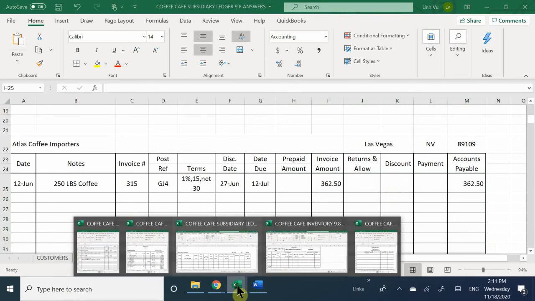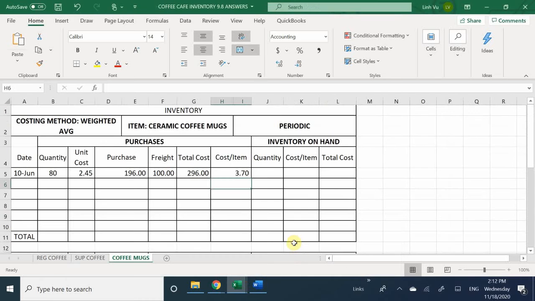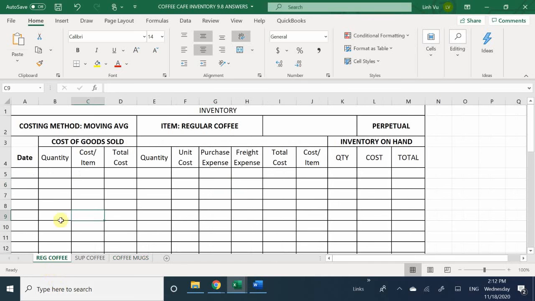Okay, now next we're going to go into our inventory worksheet. Here I've already indicated for you that the regular coffee is going to be moving average. I filled out the top for you already, so all you have to do is fill out the table itself.